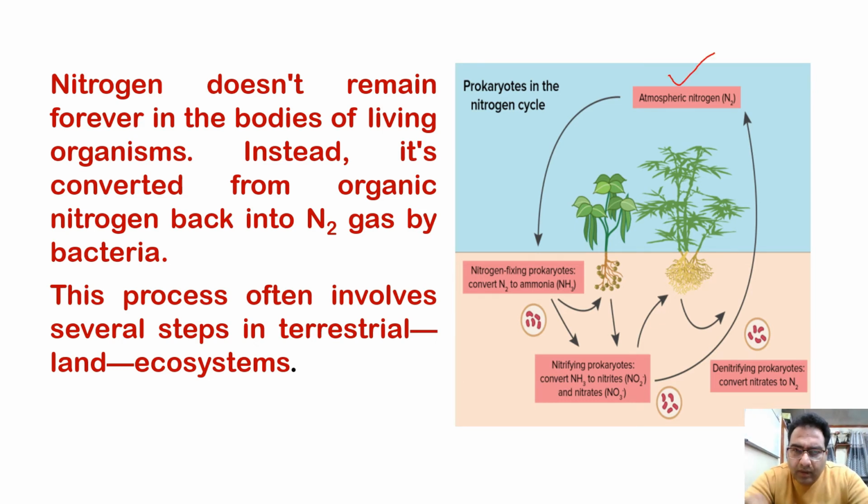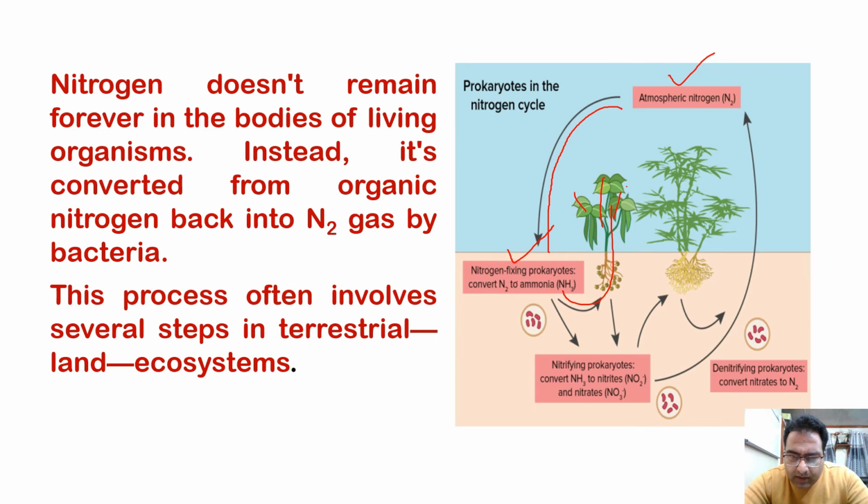There are various steps involved in the terrestrial land. We have atmospheric nitrogen, which nitrogen-fixing prokaryotes convert to ammonia, and this ammonia is taken up by the plants, and the plants flourish.